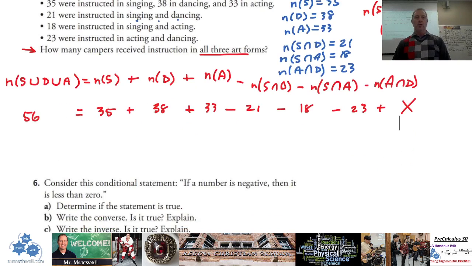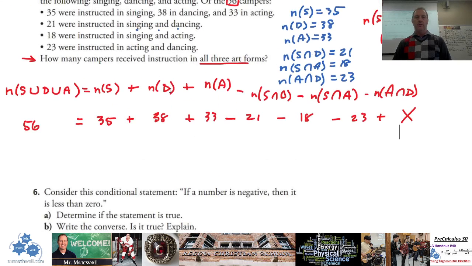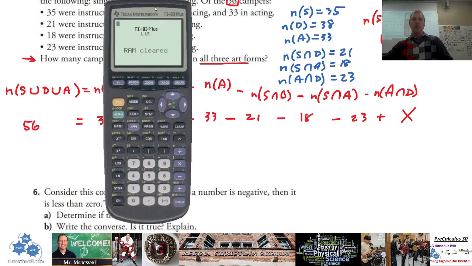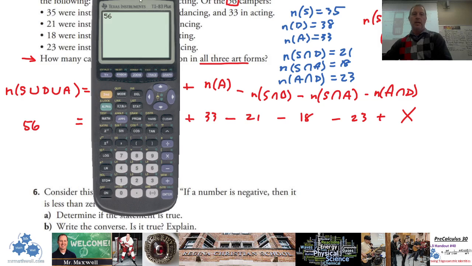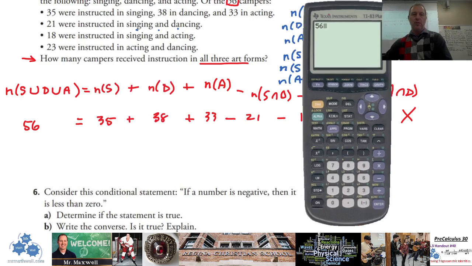This is how you do this on your calculator. You could move each one of these terms over individually. I've got 56 over here, and I'm going to bring over this 35 by subtracting it, and this 38 by subtracting it from both sides, minus 38.